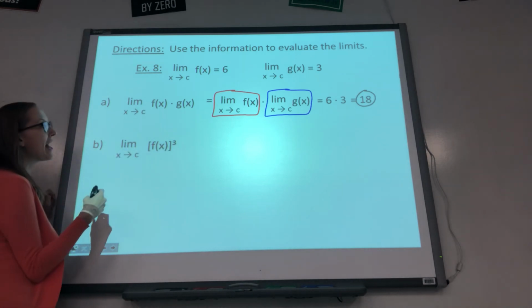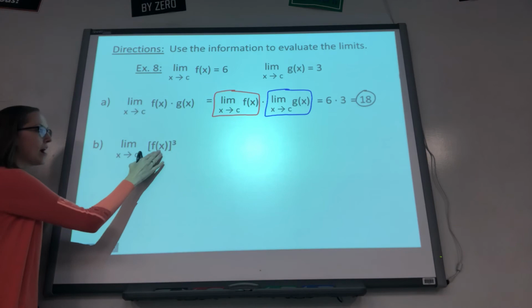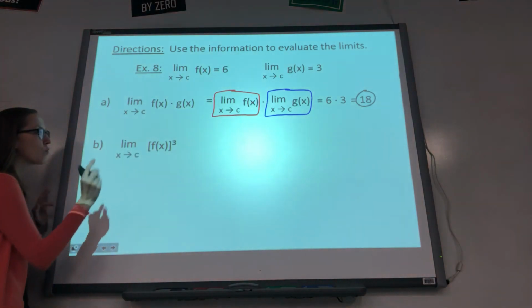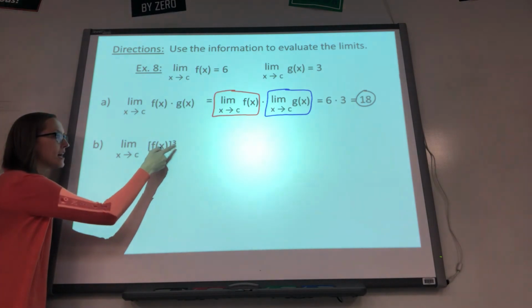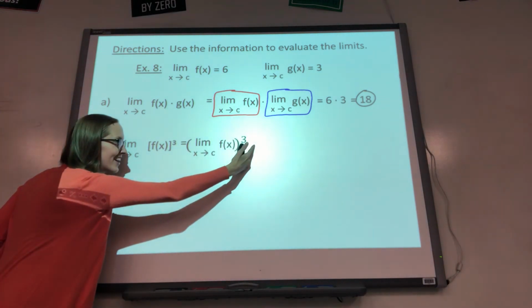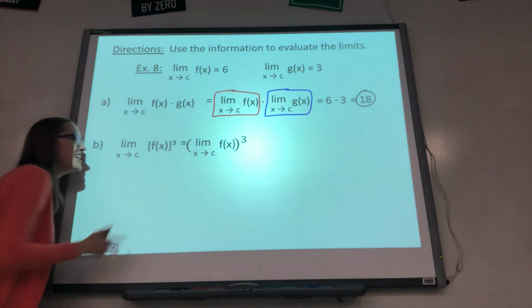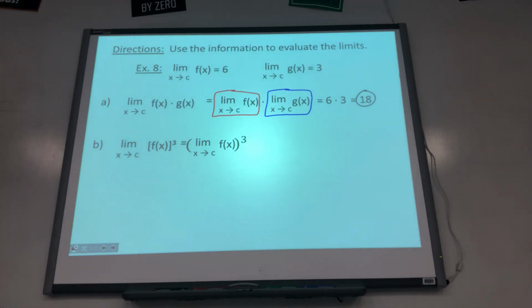We don't know what f of x is though, so we can't work with that. But we do know the limit of a power equals the power of the limit. So we could take the entire limit as x approaches c of f of x, that entire limit, and we could take it to the third power.